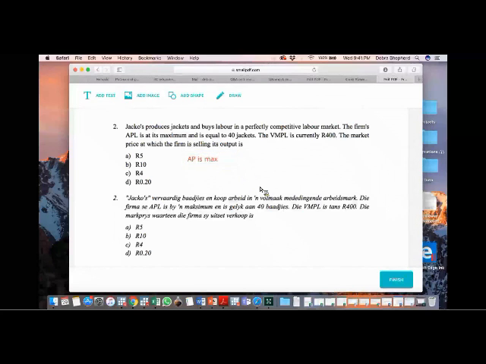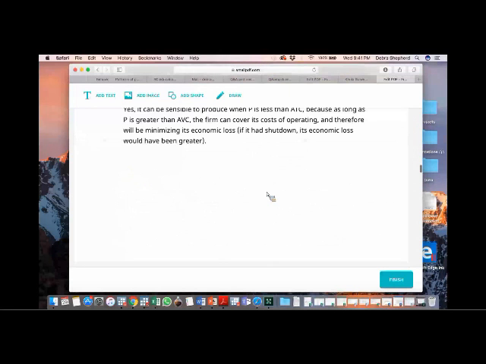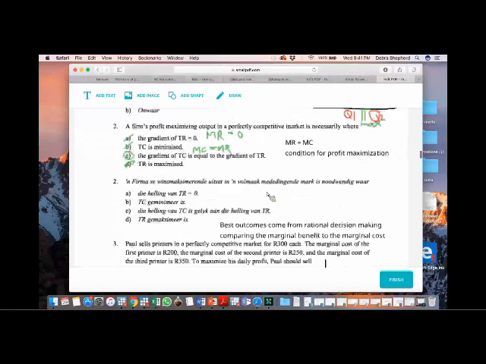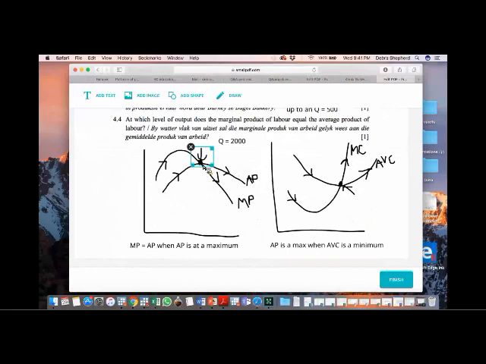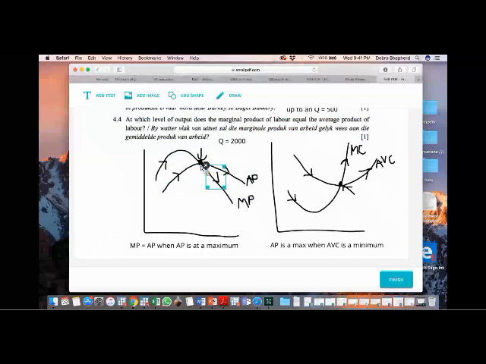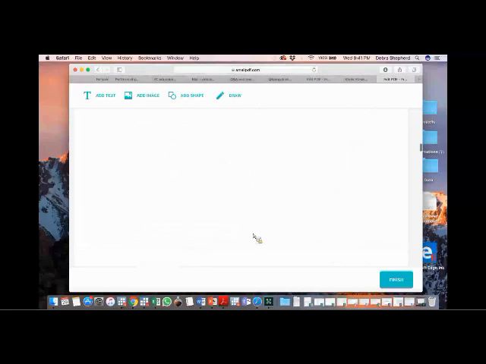That is important information because going all the way back to chapter 11, when is average product a maximum? Average product is a maximum when average product equals marginal product. So marginal product equals average product when average product is at a maximum.